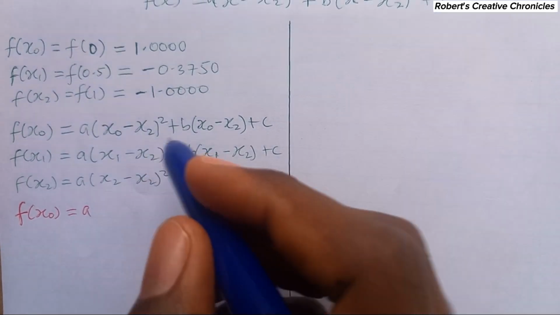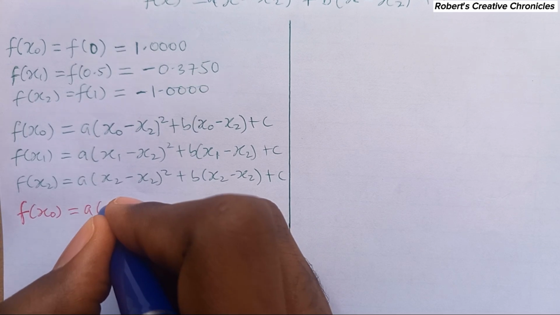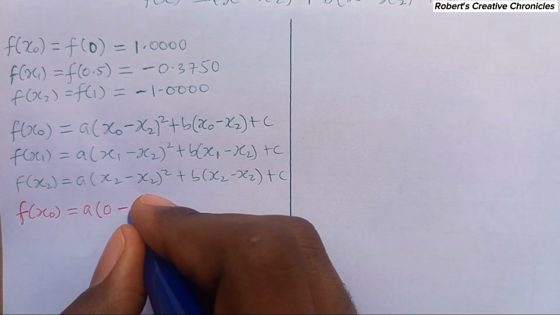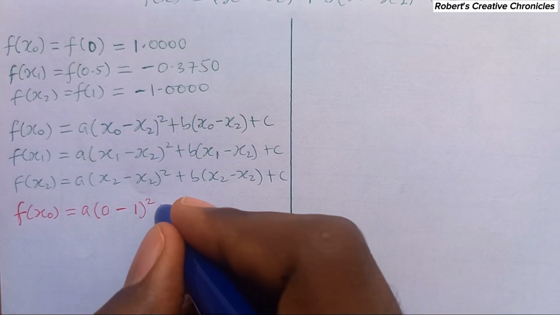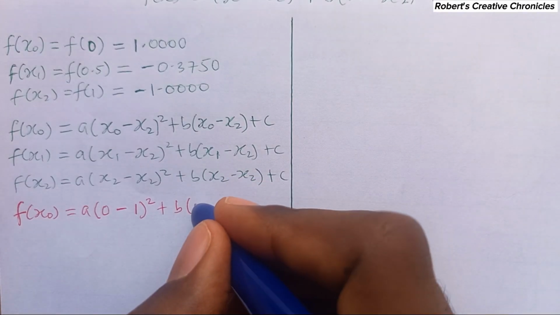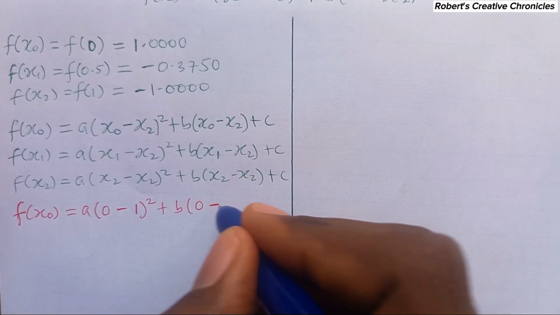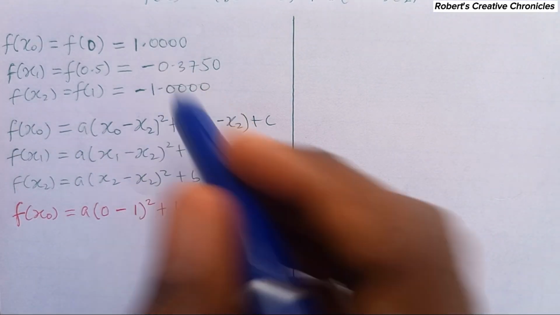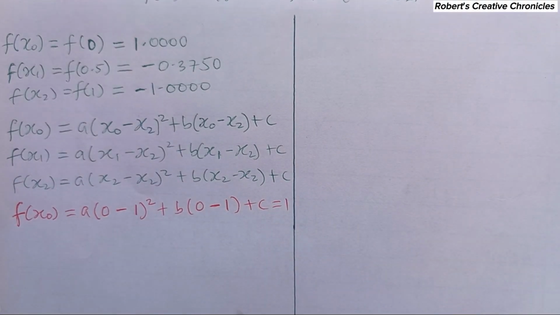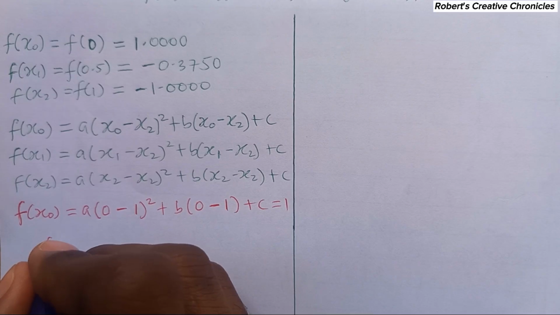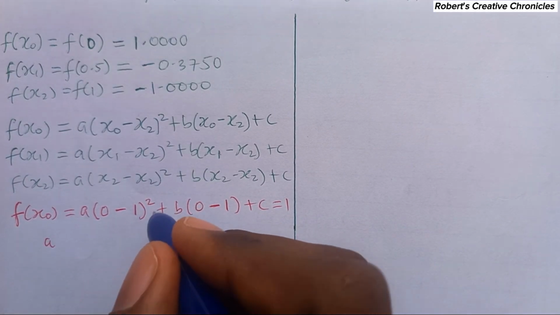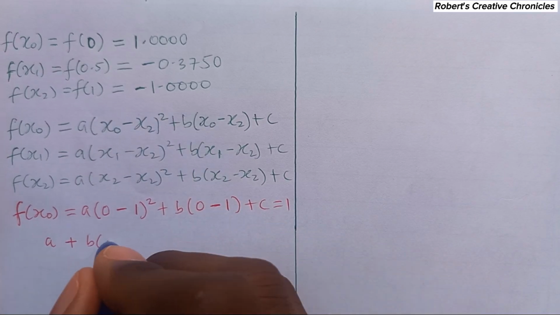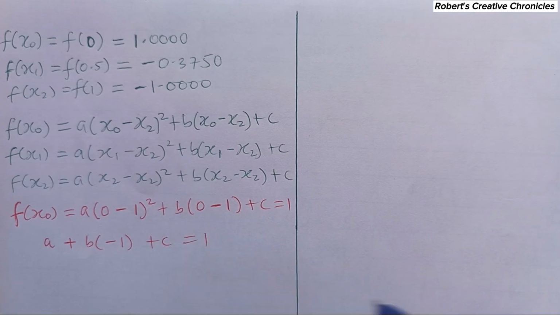So a(0 minus 1) squared plus b(0 minus 1) plus c, and f(x0) is 1, so it equals 1. Now a times minus 1 squared is a, plus b times minus 1 is minus b, plus c is equal to 1.